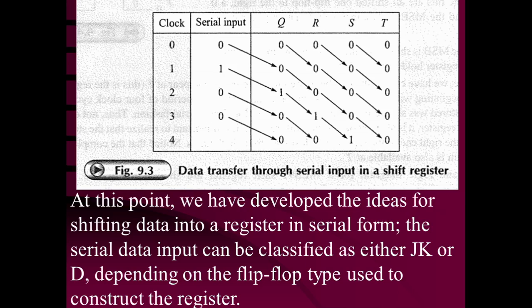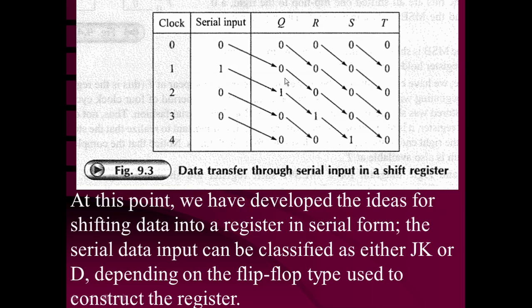The serial data input which is present, J, is equal to 0. So the flip-flop remains reset. This 0 will be shifted into the first flip-flop Q. The output of Q, which was 0, will be shifted into the flip-flop R. The output of R, which was 0, will be shifted into the flip-flop S, and the output of S, which was 0, will be shifted into the flip-flop T after the first clock cycle.